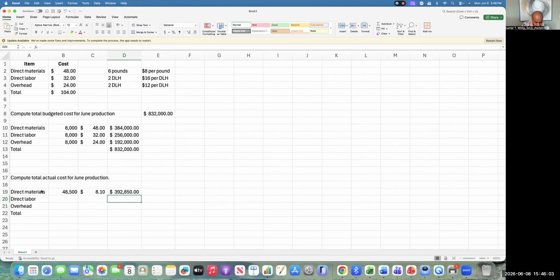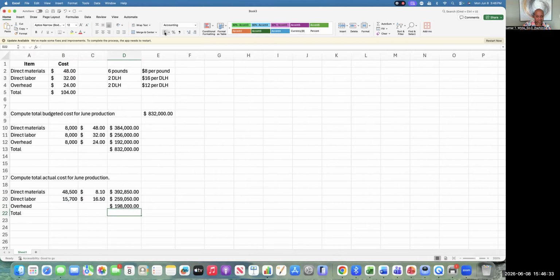$392,850. For direct labor, the actual hours were 15,700 and the actual cost was $16.50 per direct labor hour. I multiply those two numbers and get my actual cost for direct labor. For overhead, it just gives me the amount, so no calculation is necessary: it's $198,000.